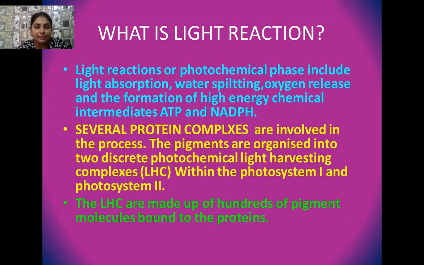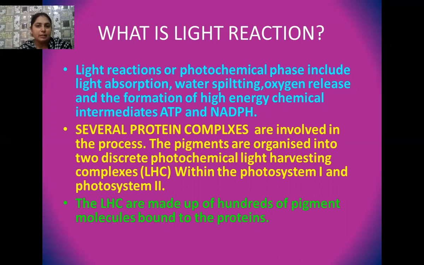Okay, students, now I am going to tell you about the apparatus that is generally used in the process of photosynthesis. As you know, there are two types of photosystems involved during the light reactions of photosynthesis, and these are photosystem 1 and photosystem 2.